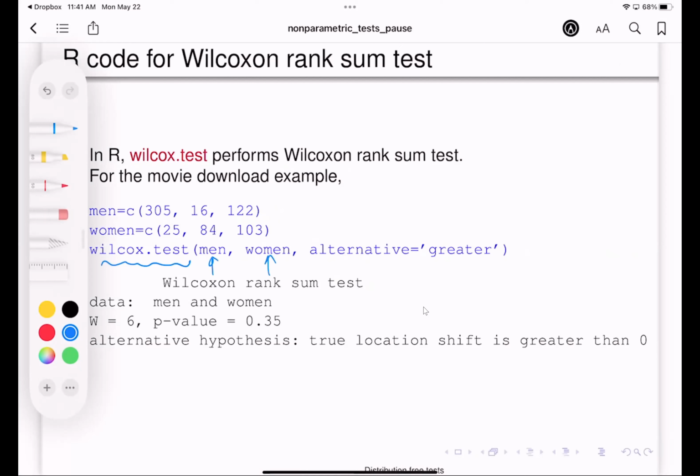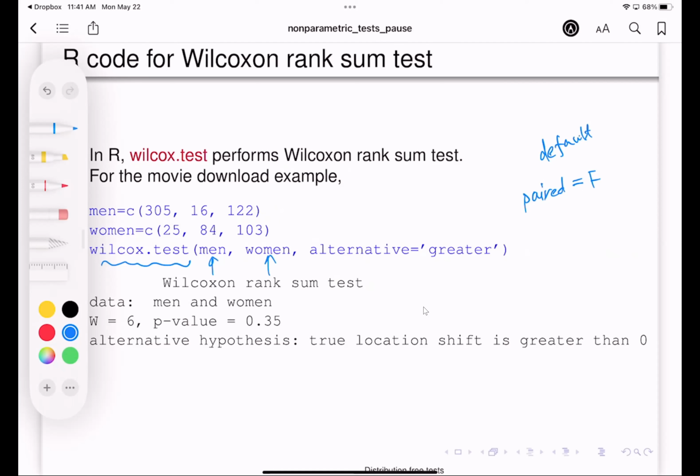And in addition, we no longer specify paired. Previously, when it was paired data, we needed to specify paired equals TRUE. Here, when we don't specify, paired defaults to FALSE, which means we are dealing with two samples that are not paired.